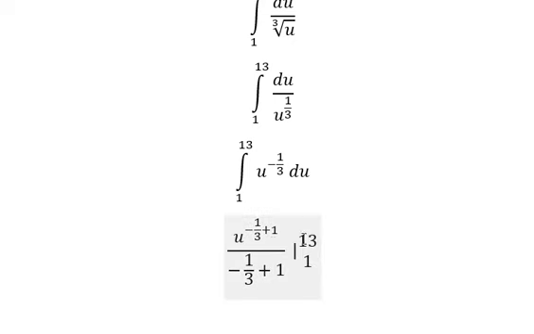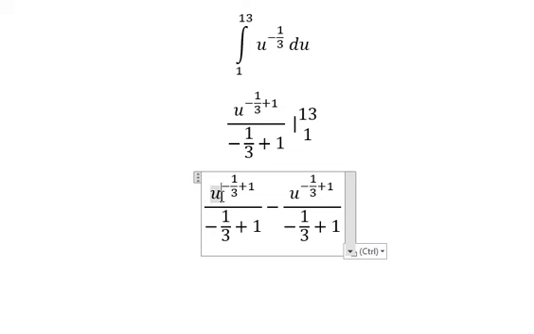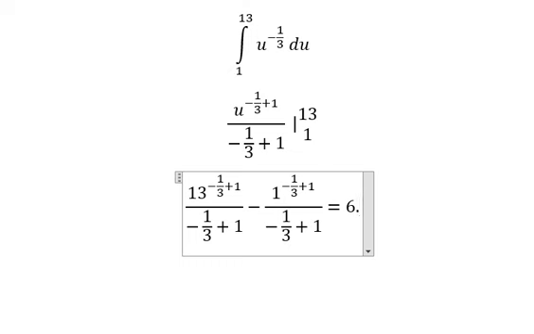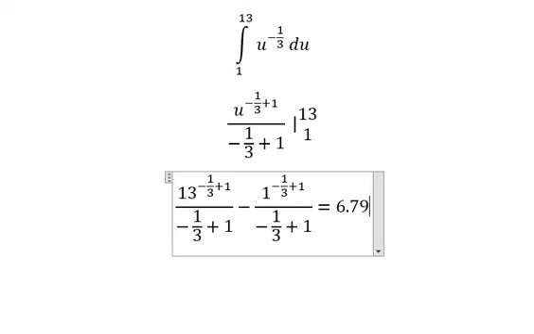So I will put 13 and 1 in here. We calculate this one and we got 6.79, and this is the final answer.